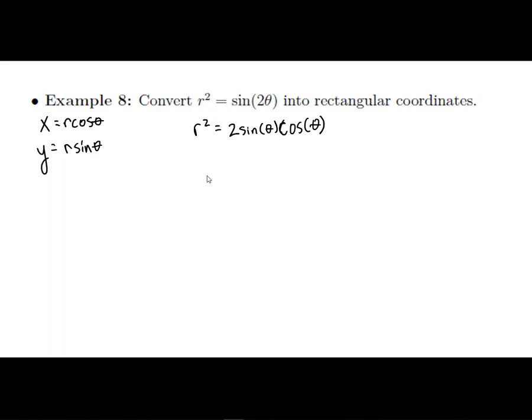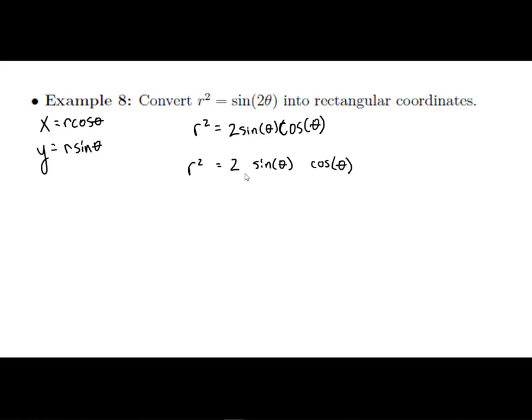Okay, so let me do this. Let's take this formula here. I'm going to leave a little bit of space. All right. One of the things that's, I think, a virtue in mathematics is to use kind of wishful thinking, which says, you know what, I would really like it if an r showed up in front of my sine theta. That would really help me out.